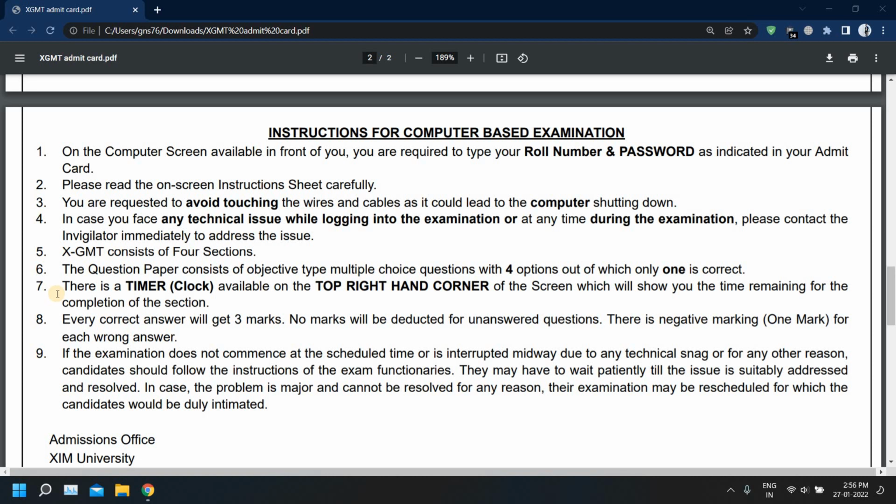It will happen with the majority of you: in mocks, the study mock or the quantica mock, the quant level is really easy, and all of a sudden in the exam the questions are trickier and more difficult, and you won't be able to solve with the speed that you had in the mock. At that point it will be a very tense scenario, and you might screw up your next sections because of that. So just keep a calm and composed mind and know that whatever is happening to you is happening to other people as well, and your percentile is independent of the level of difficulty of the paper.